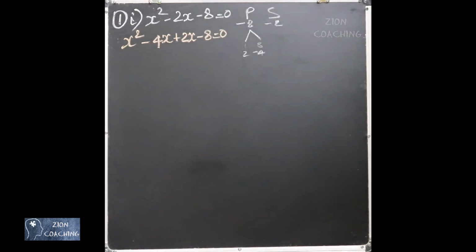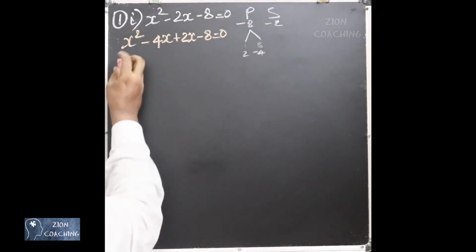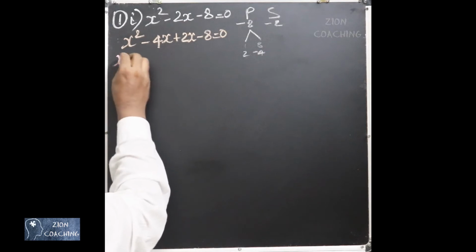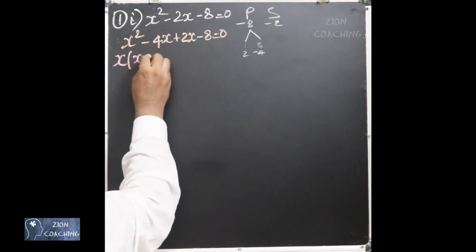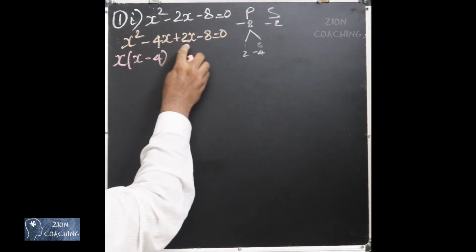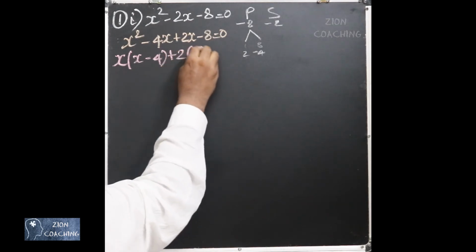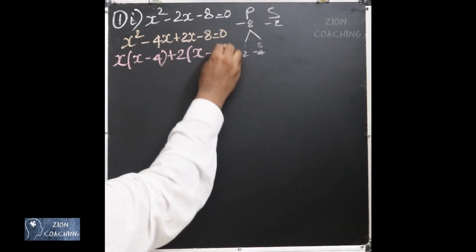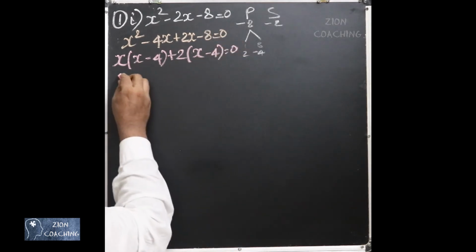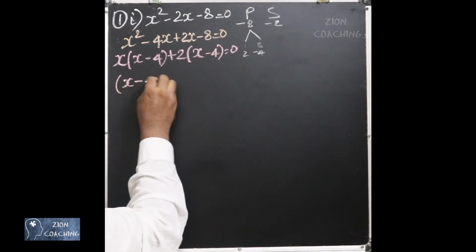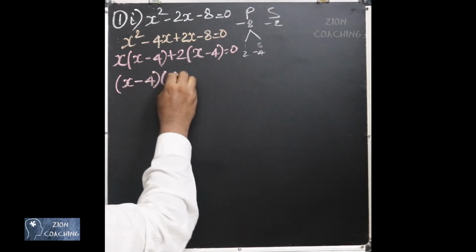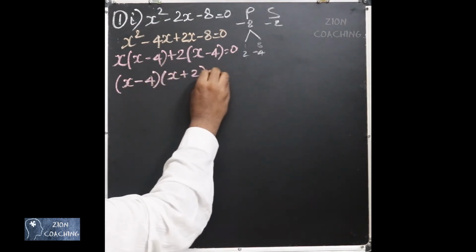Now you can see that x is common in the first two terms. So you pull out x, then you will have x minus 4. Then you can see that 2 is common in the next two terms. When you pull out 2 you will have x minus 4 equal to 0. So we have x minus 4 into x plus 2 equal to 0.